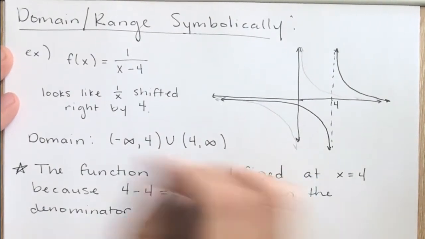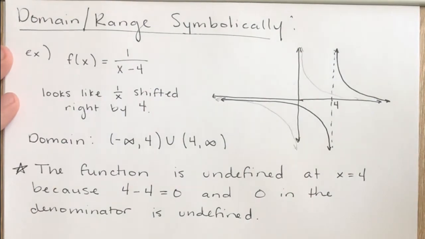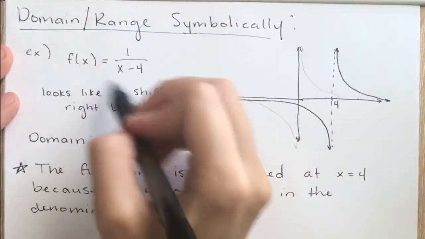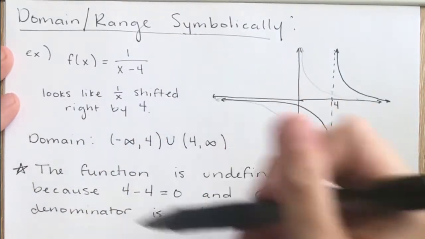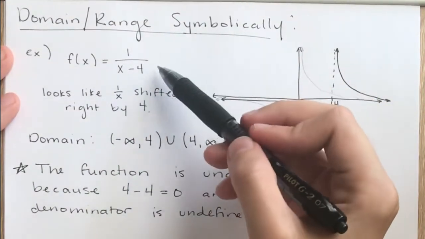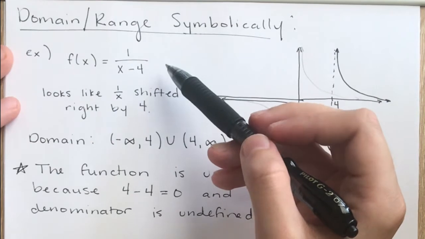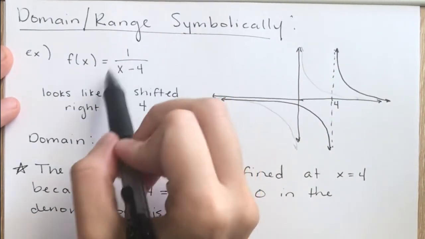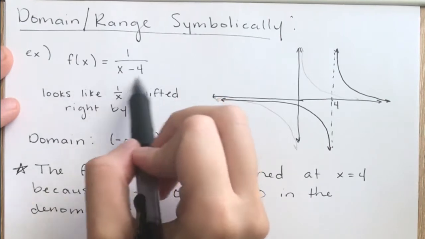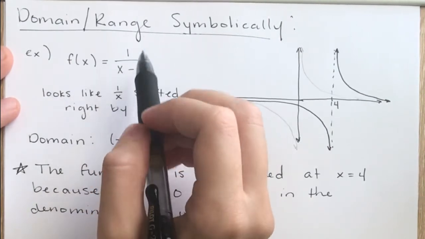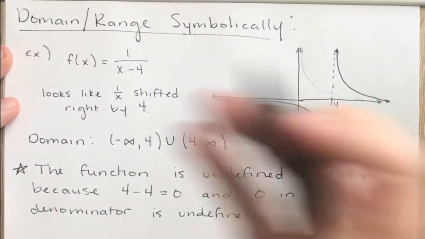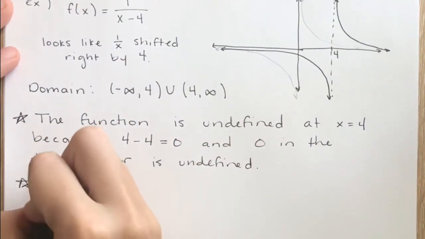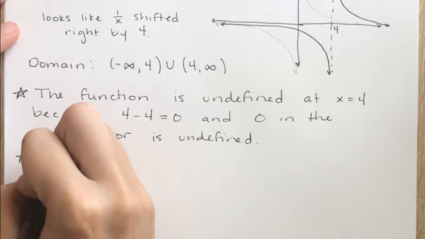So if we didn't have this graph and we were just looking at this function and we knew this information, what could we have done to figure out the domain? Well, we know we don't want our denominator to be 0, so we could just take the denominator and set it not equal to 0.